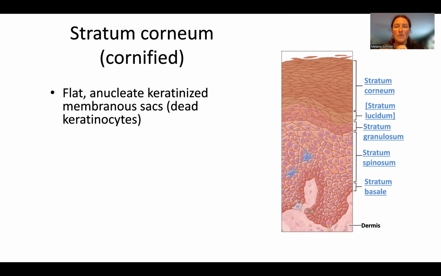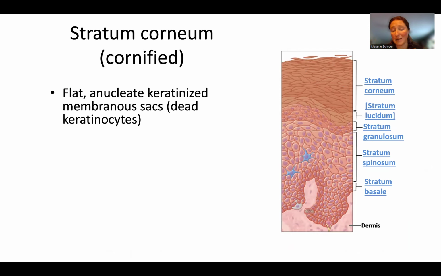This layer is only dead cells, like purely dead cells in the stratum corneum. These cells are super flat, so like true blue squamous cells at this point. Their nucleus at this point has died. They are more or less just sacs full of keratin. And we want this because this is a great barrier.